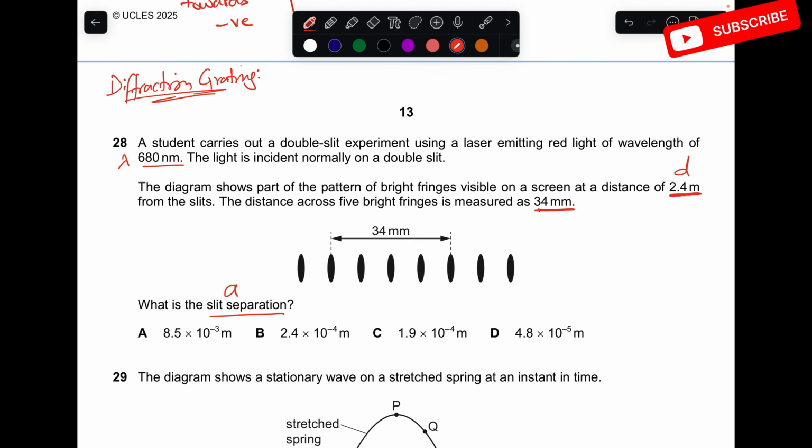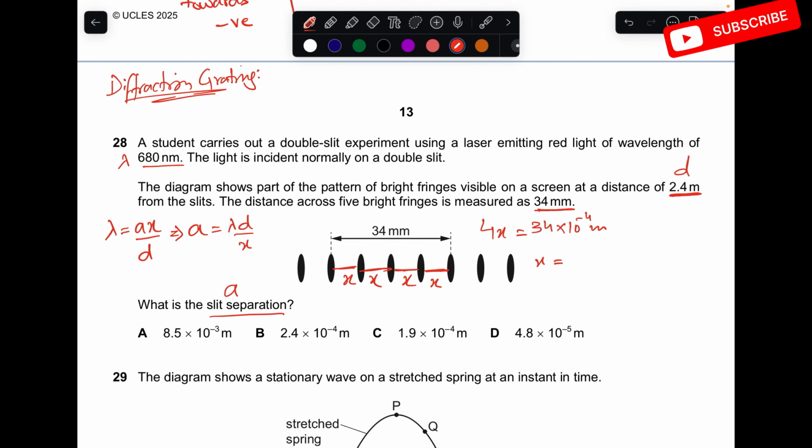What relation do we have? The relation for the diffraction grating: lambda is equal to AX over D. We have to find A, so it can be rearranged: A is equal to lambda D over X. I have lambda, I have D as well, I need X. If you see, the separation between two fringes is equal to X. So this is again X, again X, and again X. So you can say 4x is equal to 34 millimeters, meaning 34 times 10 power minus 4 meters.